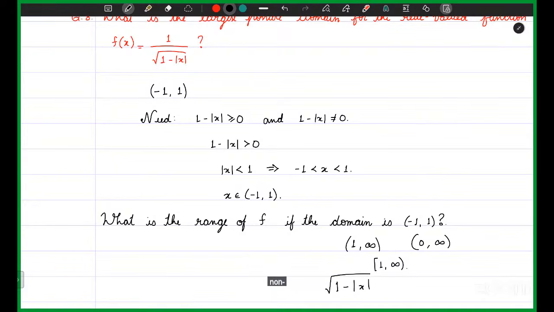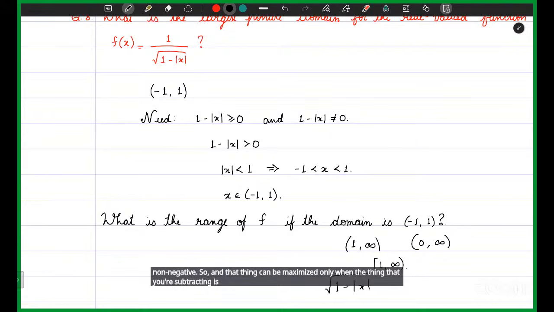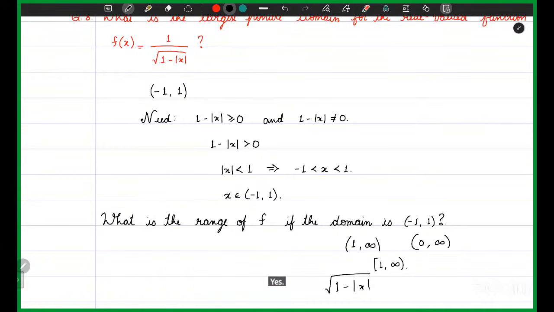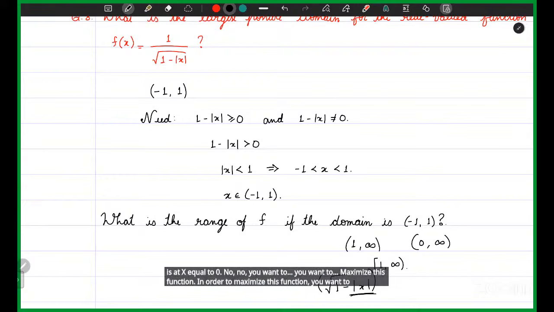That thing can be maximized only when the thing that you're subtracting is minimized. So you have to minimize this, and the minimum value of the modulus of x function is at x equal to 0. In order to maximize this function, you want to minimize mod x.